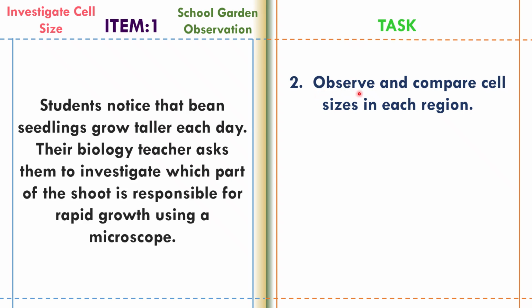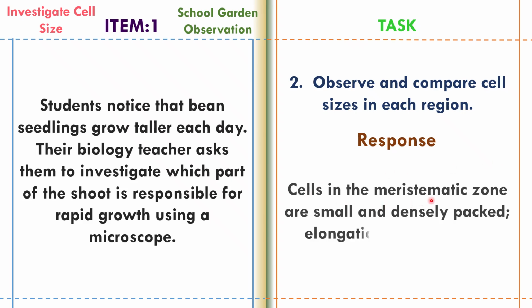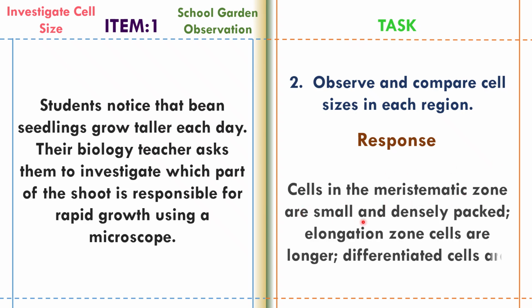Let's observe and compare cell size in each region. Cells in the meristematic zone are small and densely packed. Elongation zone cells are longer. Differentiated cells are larger and specialized.